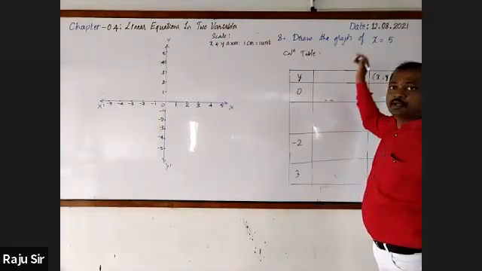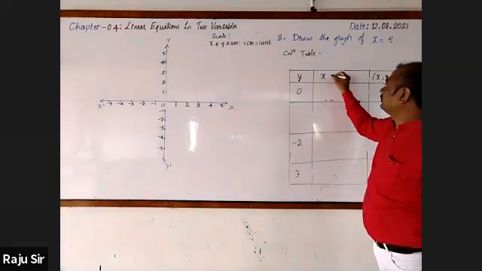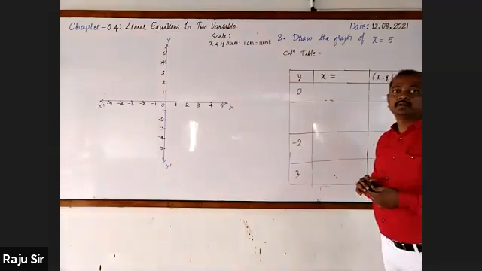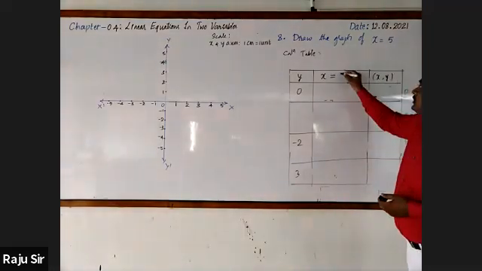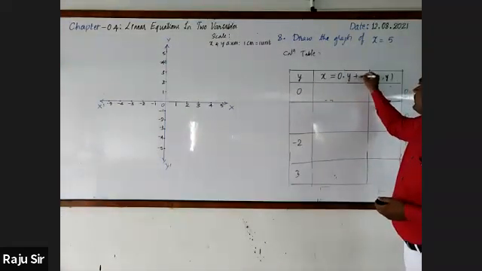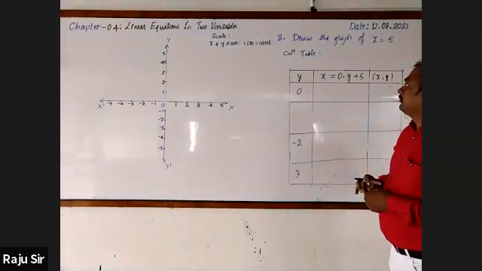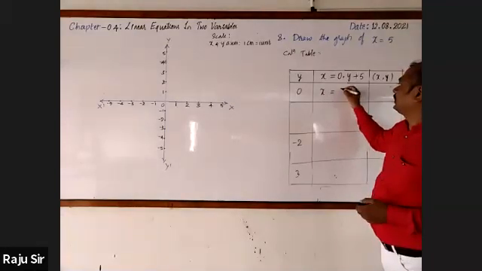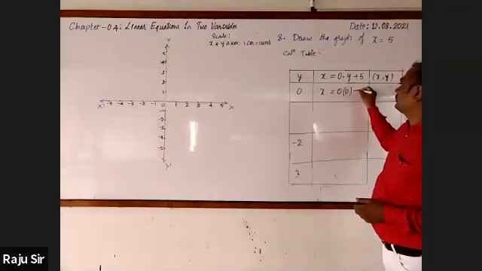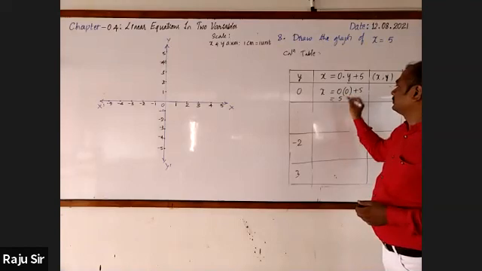X equal to 0 into y plus 5. When y is 0, x equal to 0 into 0 plus 5, which is 5.